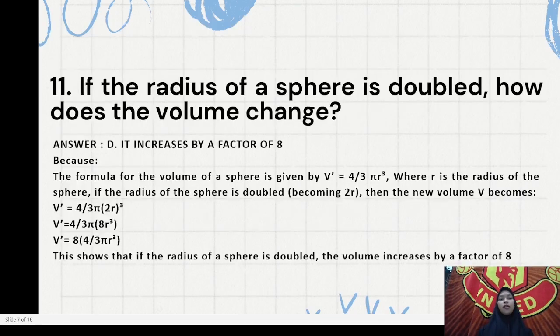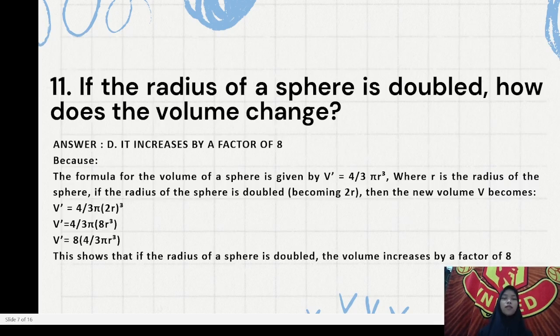11. If the radius of a sphere is doubled, how does the volume change? Answer D. It increases by a factor of 8, because the formula for the volume of a sphere is given by V is 4/3 pi r cubed, where r is the radius of the sphere.